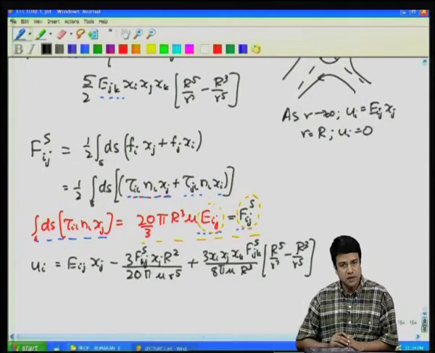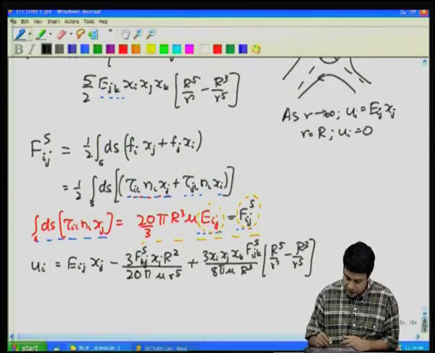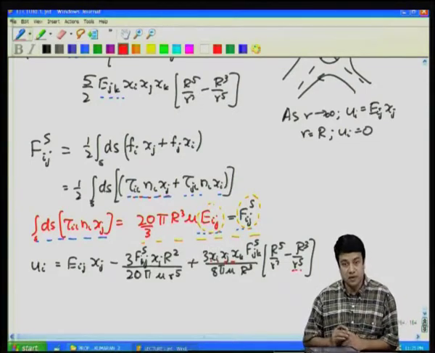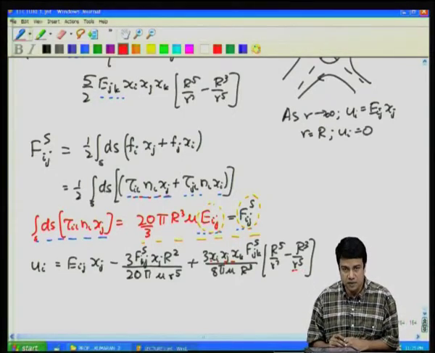Now, if you look at this equation, the slowest decaying term is the one proportional to x_i x_j x_k times 1 over r to the 5, because that decreases as 1 over r squared as r goes to infinity. The other two terms decrease as 1 over r to the 4th power.